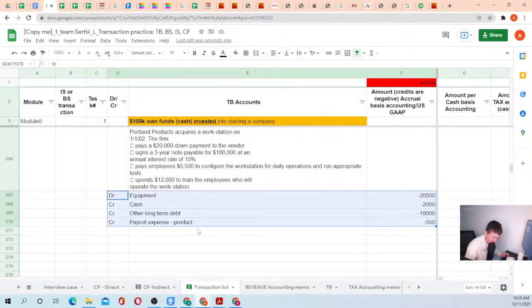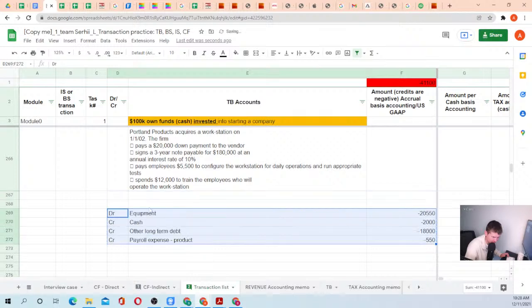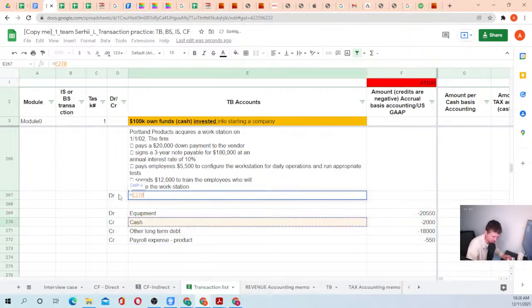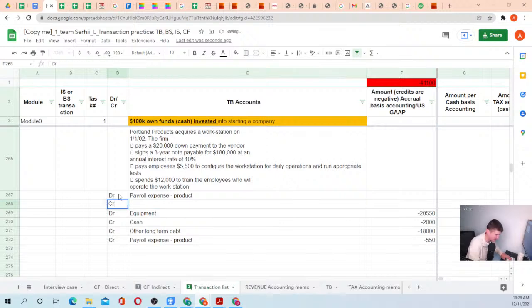And now I will move it here, and I will do debit payroll expense, credit cash.